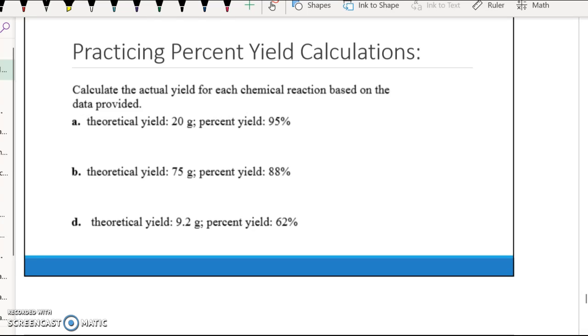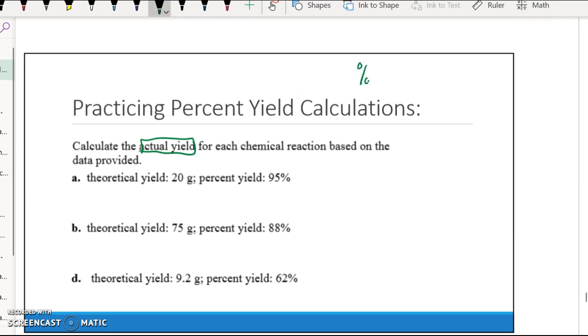Here we have something a little bit different in the sense that we are calculating the actual yield. So still using the same equation, percent yield is actual over the theoretical times 100. This time we're solving for the actual up top. Here we're given the percent yield is 95, so that's going in right there.